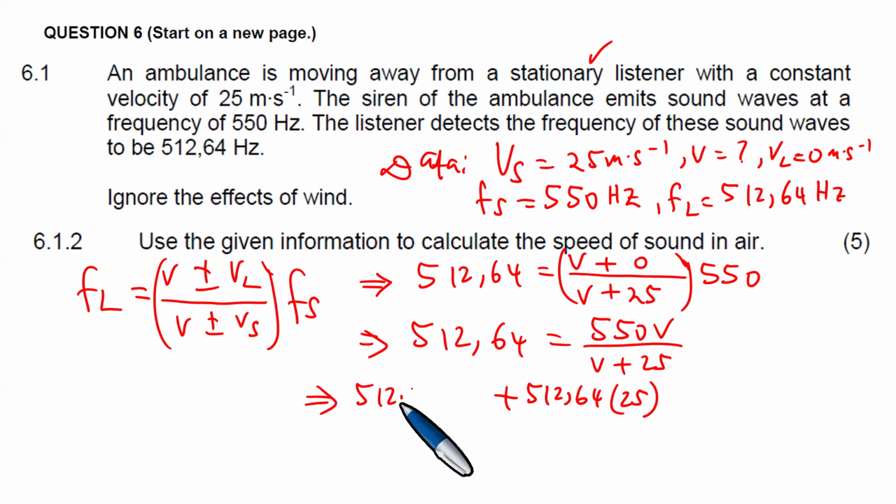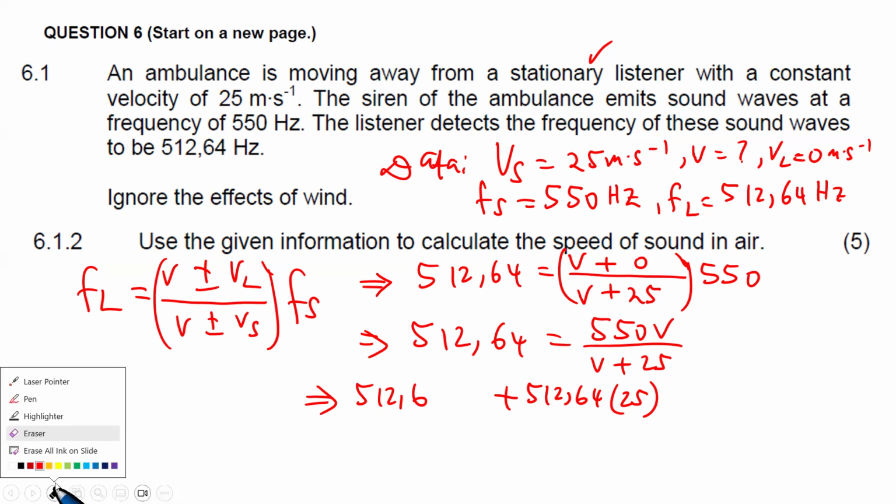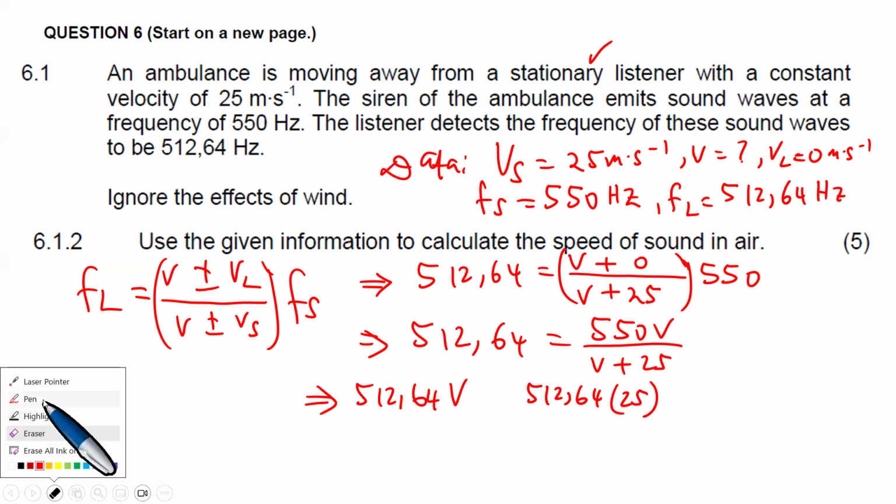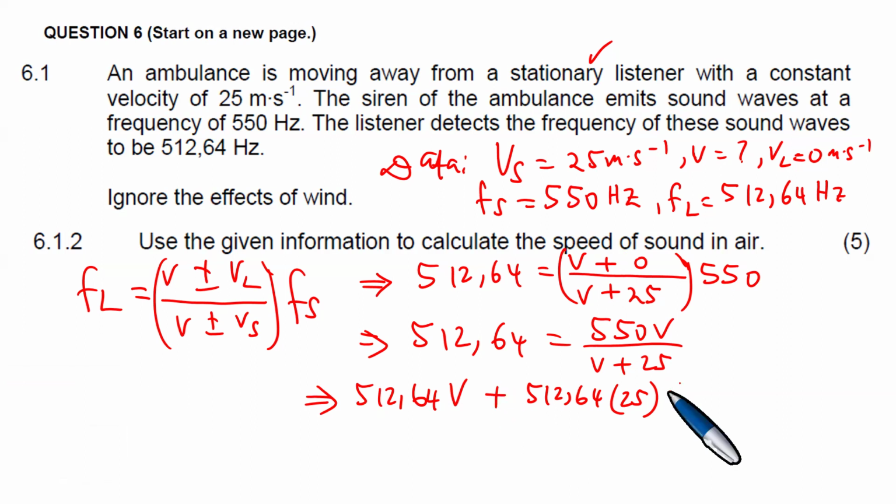So it's 512.64 V plus 512.64 times 25, which is 550 V. And then you just solve.